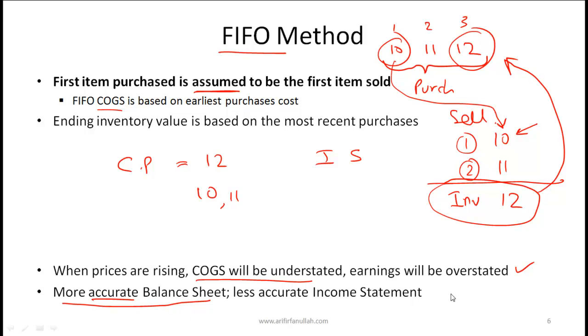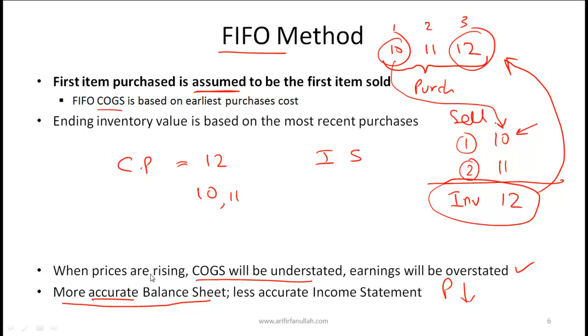This applies also if prices are falling. So even if prices are falling, still the balance sheet will be more accurate, because it will reflect the current price even though the price is lower. But if prices are going down and we are reflecting that in the balance sheet, that still means that the balance sheet is more accurate.